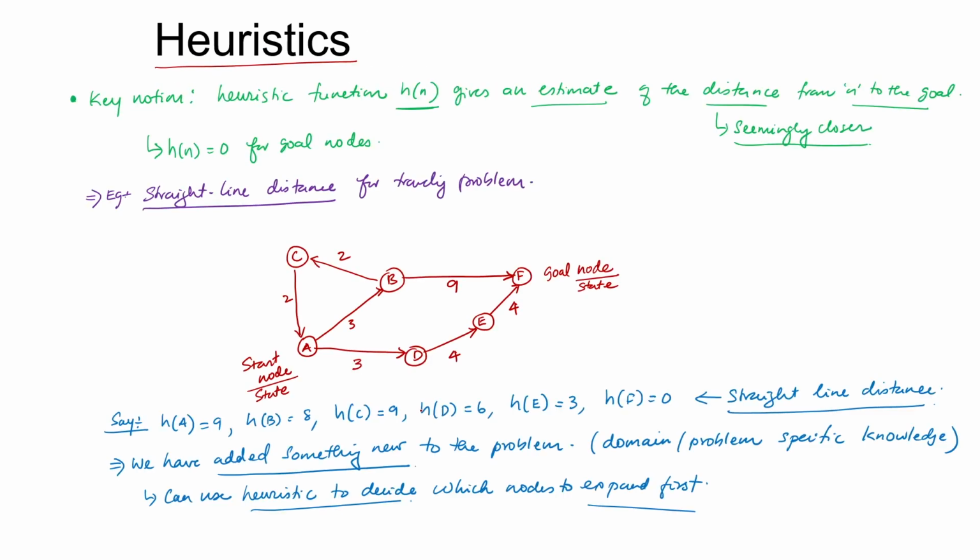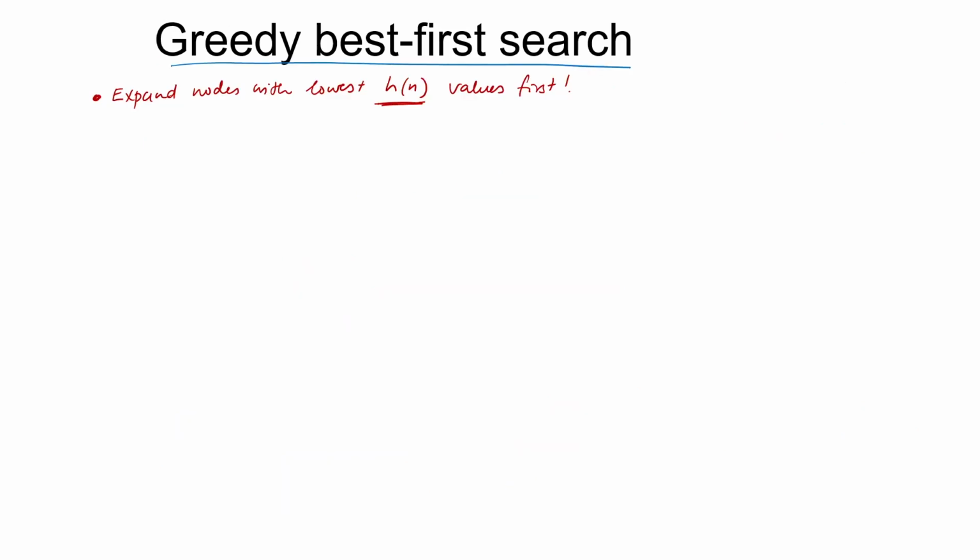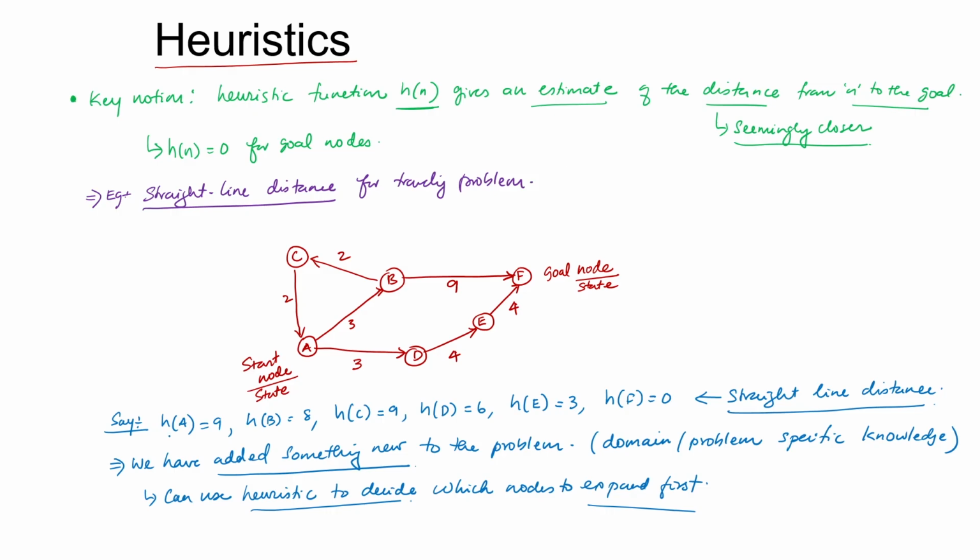Anyway, we have to start at A. So let us start at the beginning: the state is A, cost is equal to 0, heuristic H is equal to 9. Where do we get 9? It is given, H of A is 9.